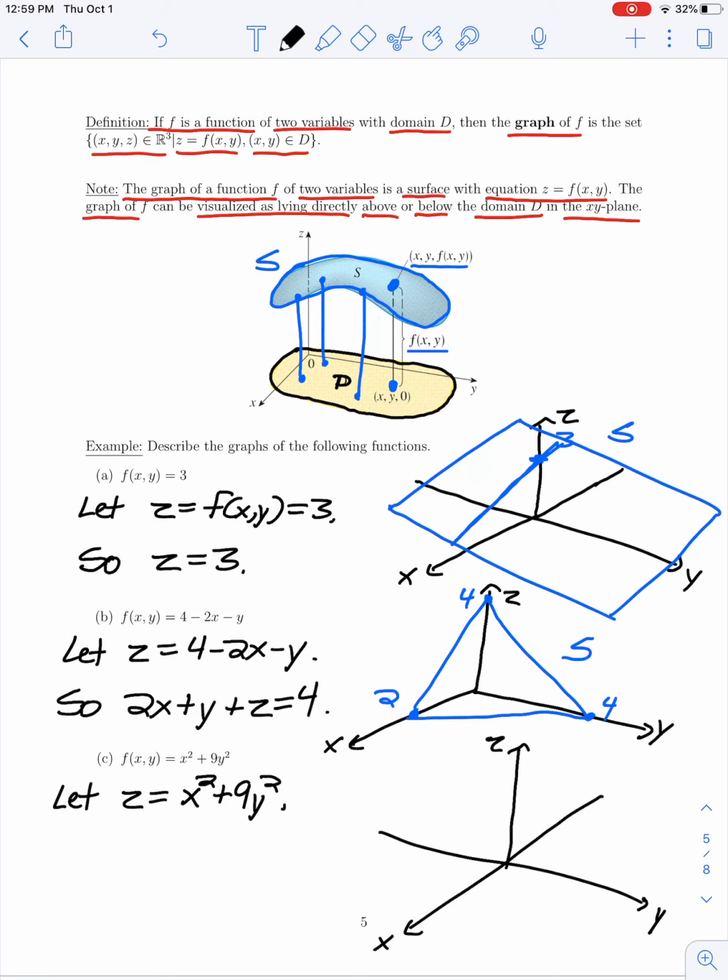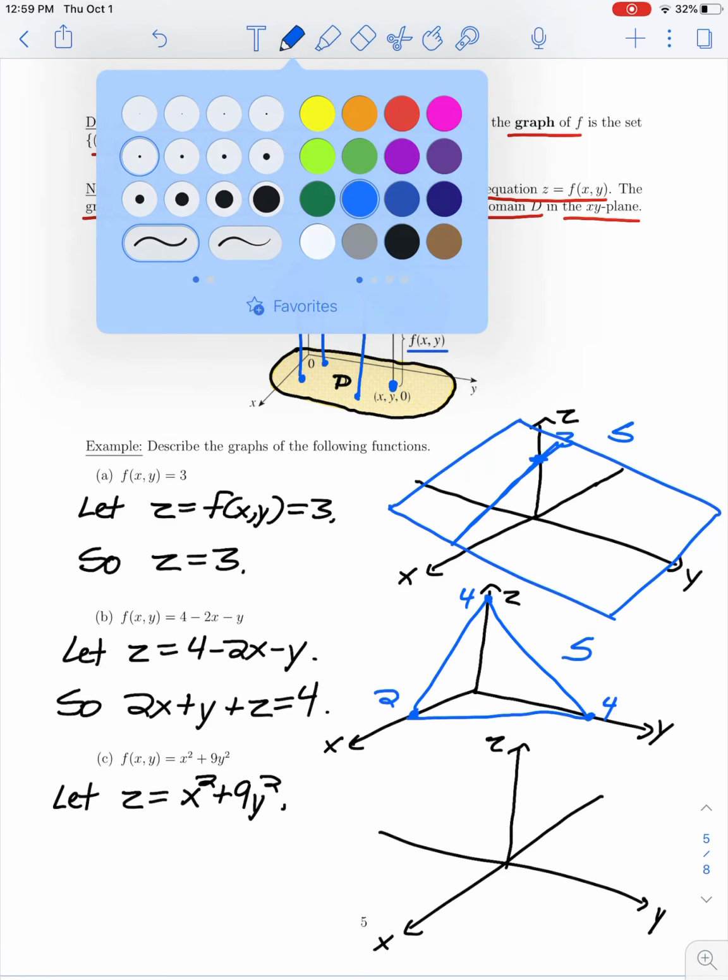So our cross sections or our traces in planes parallel to the xy plane would be found by taking fixed values of z, and we would have something of the form x squared plus 9y squared is equal to a constant. So that would define an ellipse that's extending a little further in the y direction.